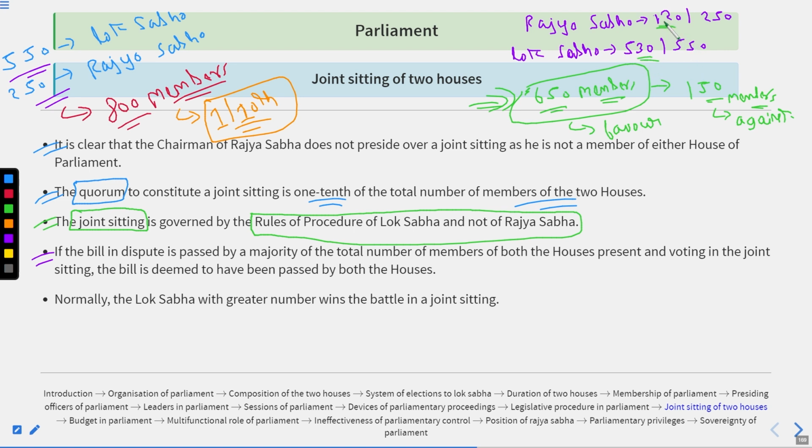If 120 are there in the Rajya Sabha or in the Lok Sabha, this will not count, only this number will count. So if 650 members are in favor, the bill would be declared as passed. Okay, normally the Lok Sabha with the greater number wins the battle in the joint sitting, because if you look at the seats, they have more seats than the Rajya Sabha. Okay, so generally it is one-sided, but because there are procedures, we go by them.